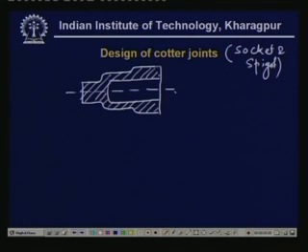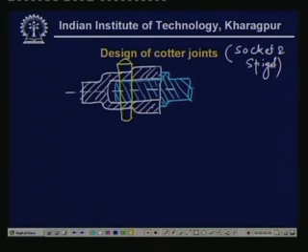It has a hole inside, and we have another component which is known as spigot. This part is spigot. And through it we insert what is known as the cotter. So, this is the cotter inserted.